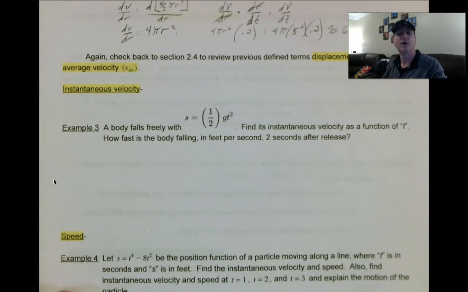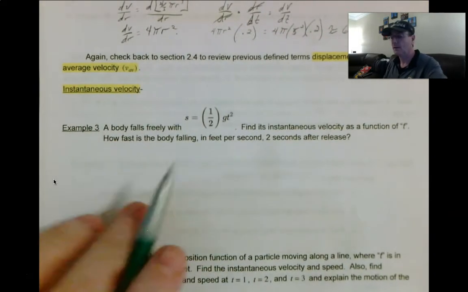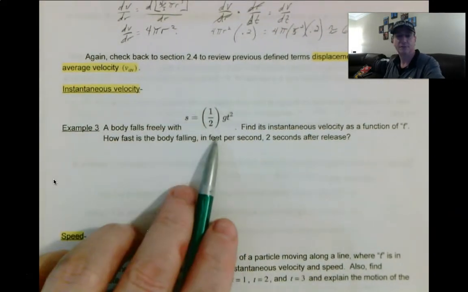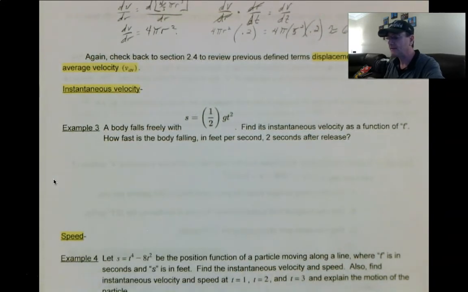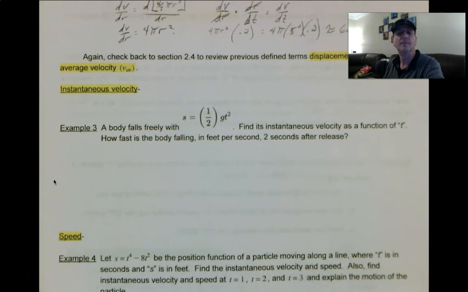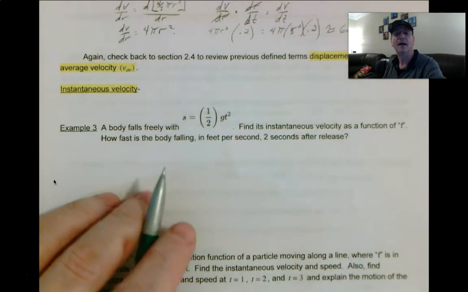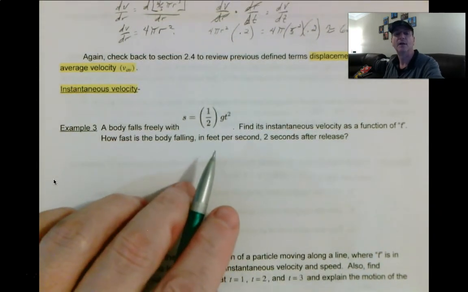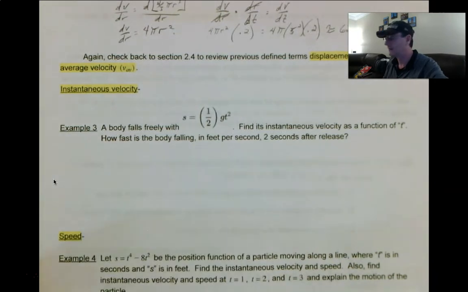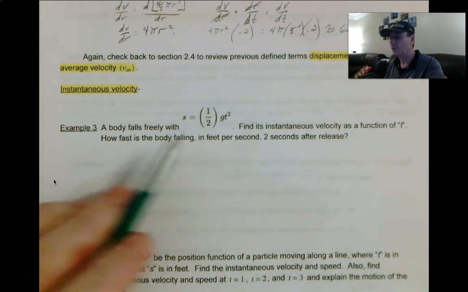A body falls freely with this position function. Find the instantaneous velocity of the function t, and how fast is the body falling in feet per second 2 seconds after the release. So instantaneous velocity is the derivative of your position function.